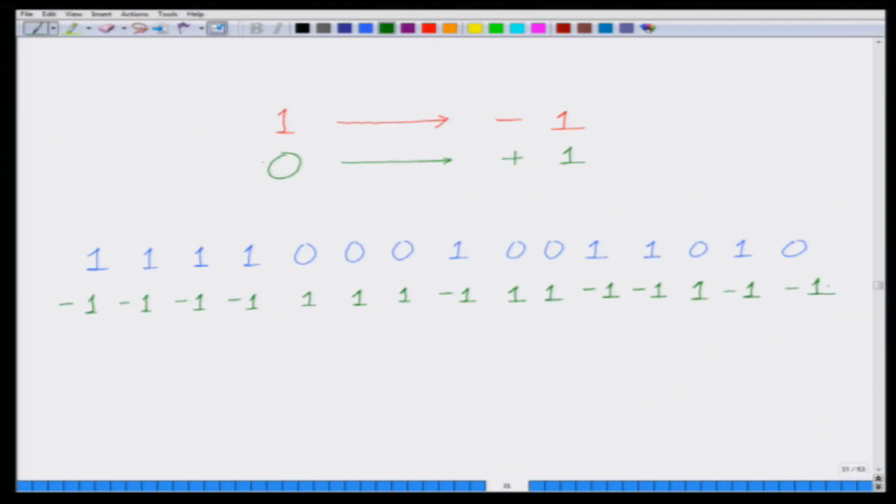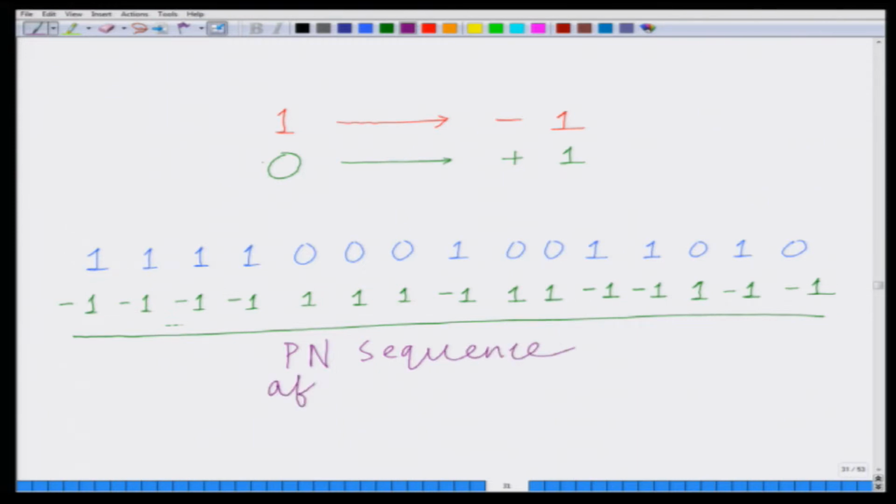This is the PN sequence after modulation, and this sequence is given as minus 1, minus 1, minus 1, minus 1, 1, 1, 1, minus 1, 1, 1, minus 1, minus 1, 1, minus 1, minus 1, and the sequence is again of length 15, which remains unchanged, right.